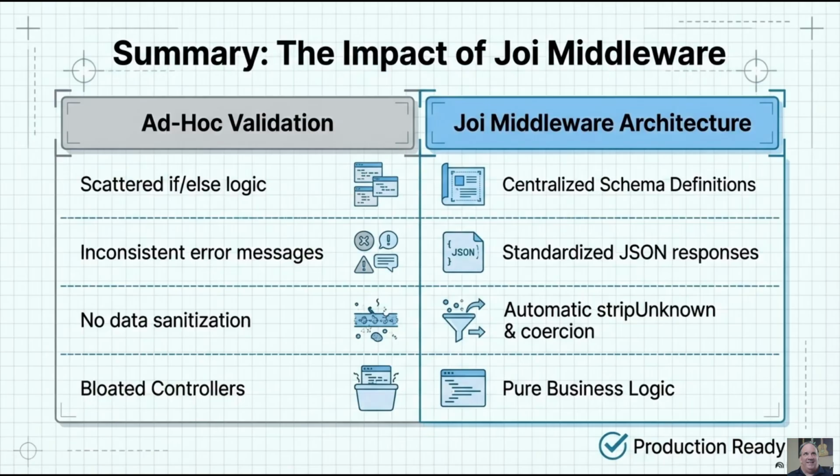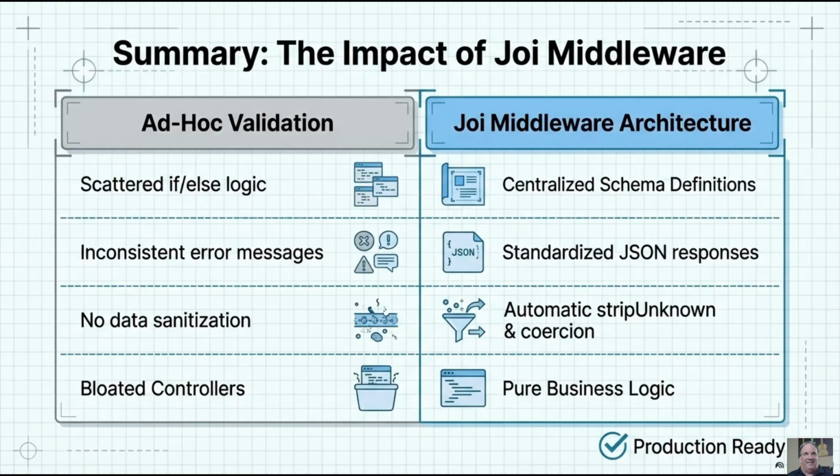So on the right-hand side, what we have now, the Joi middleware: centralized schema definitions that serve as a single source of truth for your data contracts, standardized JSON error responses that every endpoint returns the same way, automatic stripping of unknown fields, and type coercion.